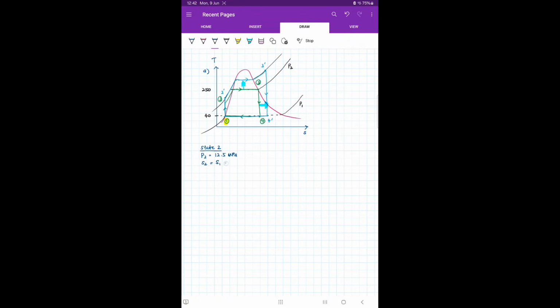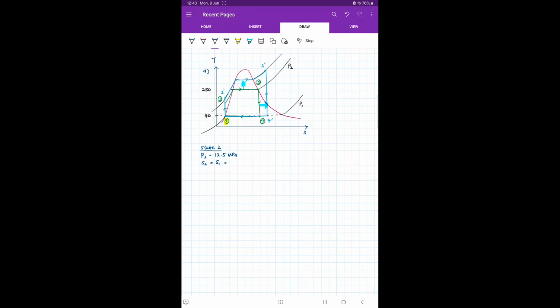Okay, so I can just refer to my previous entropy. But then you see, at point 1 just now, our phase is saturated liquid, but now for point 2 we have it as a compressed liquid.